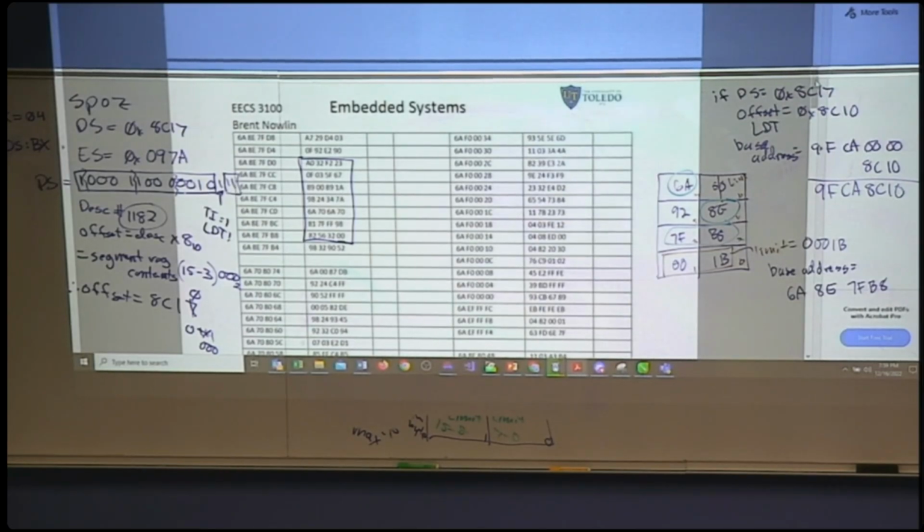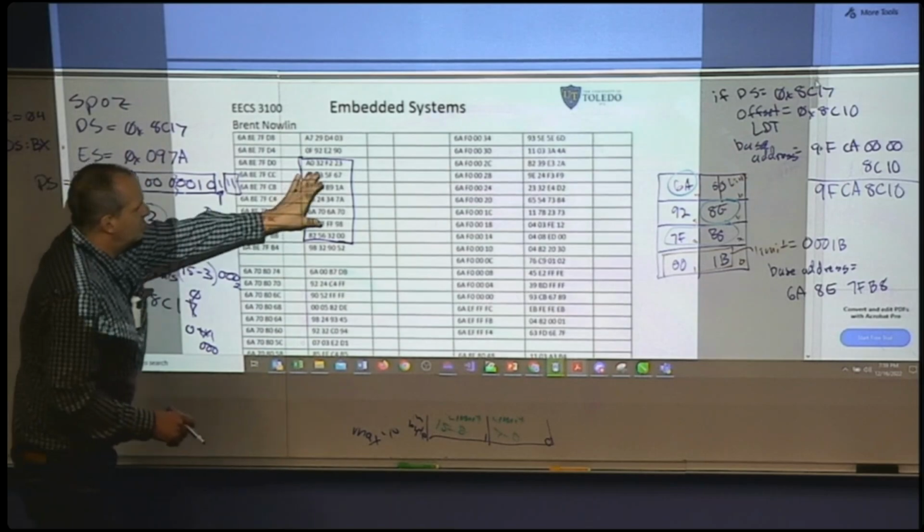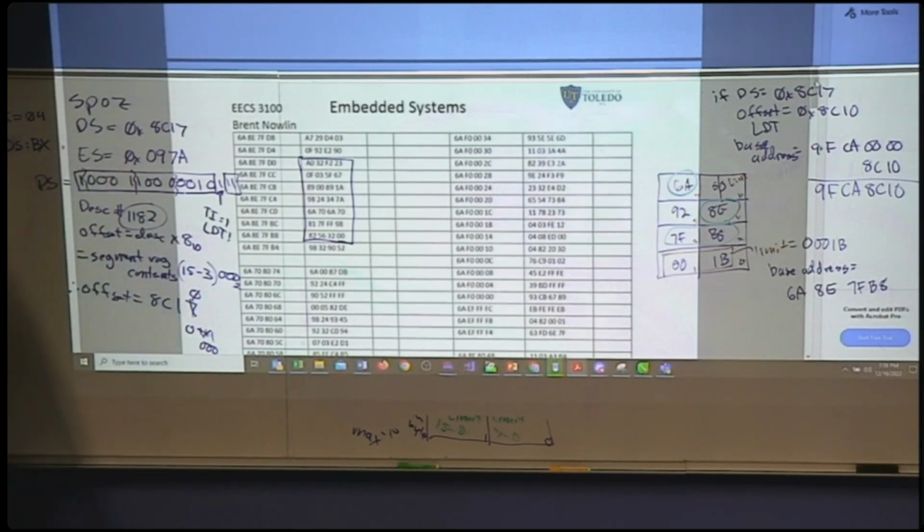AX is 2 bytes, so we're going to move 2 bytes, not 1, not 4, 2. When you have computer architecture, all this stuff will totally make sense. Well, we know with the data segment being set to this address, we know where the segment is, don't we?